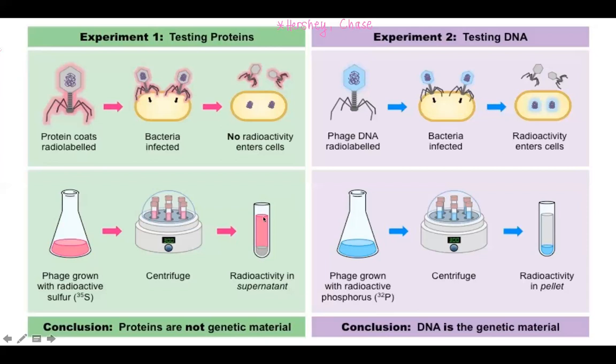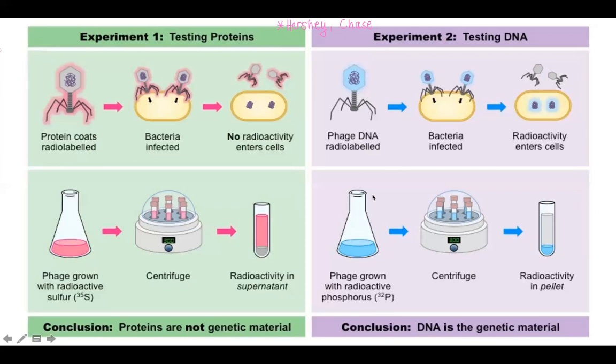So when they tested for radioactivity, they noticed that there is radioactivity in the supernatant but not in the pellet or the precipitate, which means that the bacteriophage did not transfer any radio labeled proteins into the bacteria.